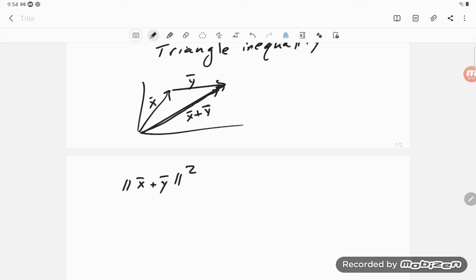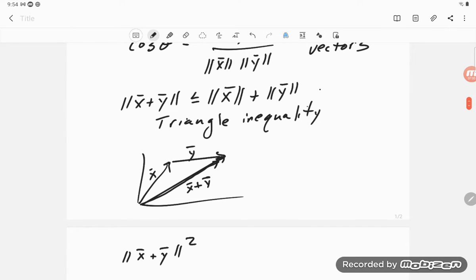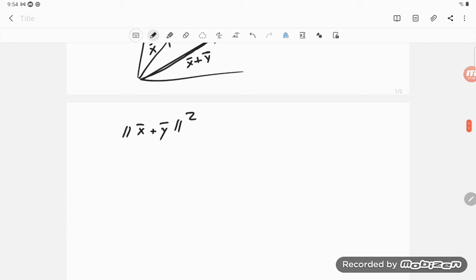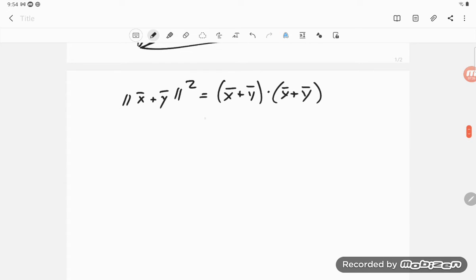Usually you want to start with the square and show that the square is less than the square over here. And the way to usually make it easier is to use the Cauchy-Schwarz inequality. So what I'm going to do is take x plus y dotted with itself to get the square of that norm.